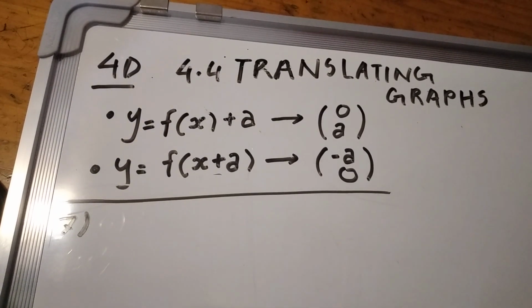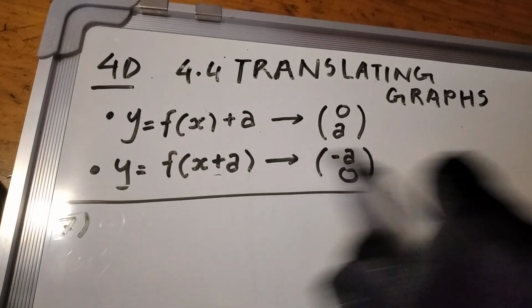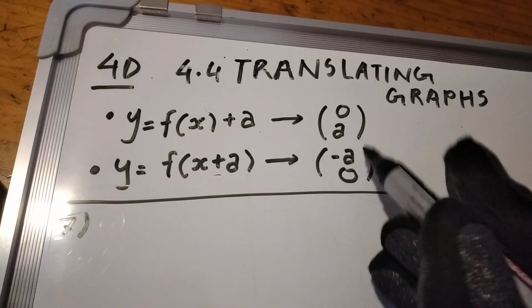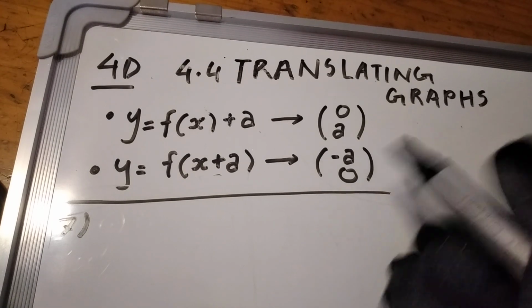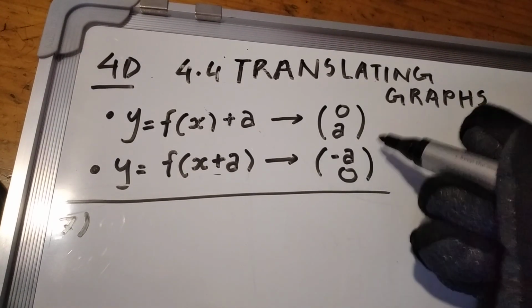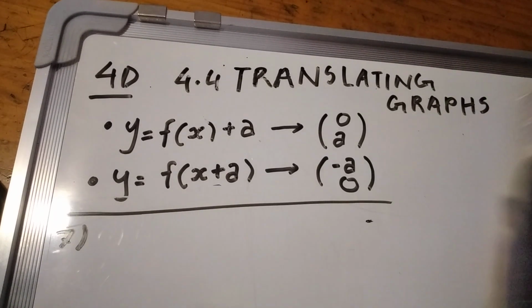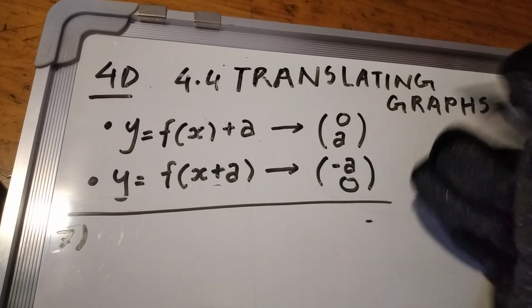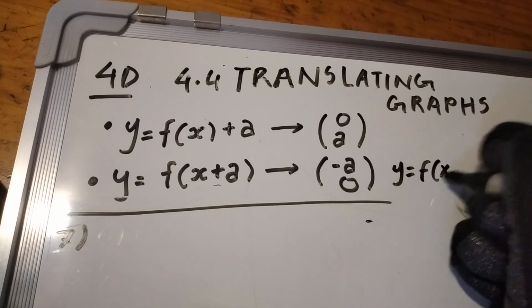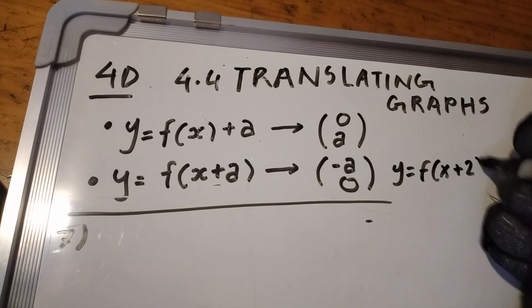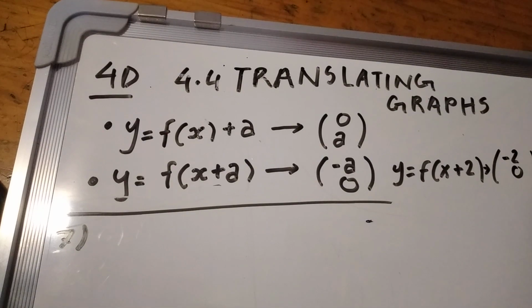For question 7, I need to explain something more. If this is the format, the x value will be translated like this. So when this is the case, not only the coordinates, but also the asymptote line will be translated. For example, if I show you y equals f(x + 2), we can see it will be translated to (-2, 0), right?